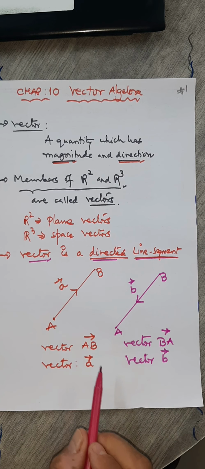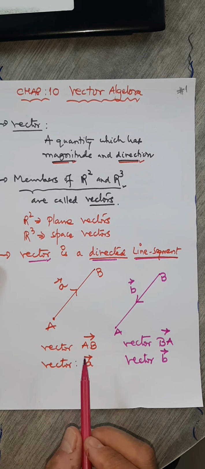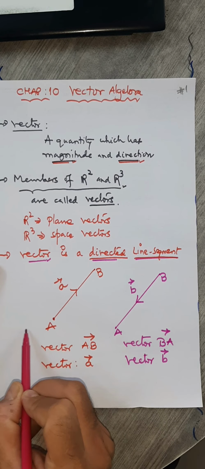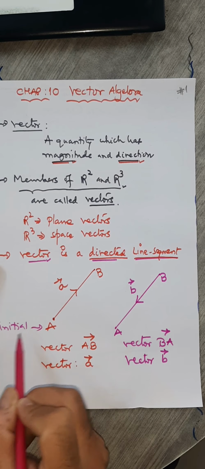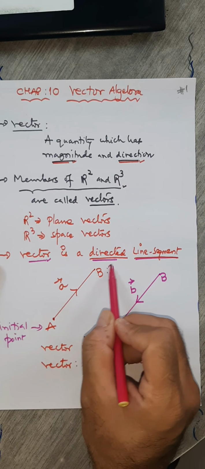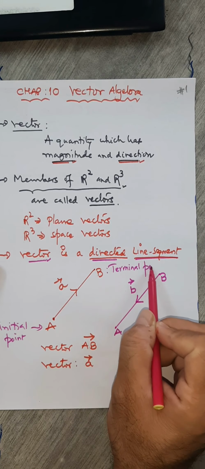Now here we mention one more terminology: the initial point, from where this vector starts. So this is called the initial point. And where the vector ends, this is called the terminal point.